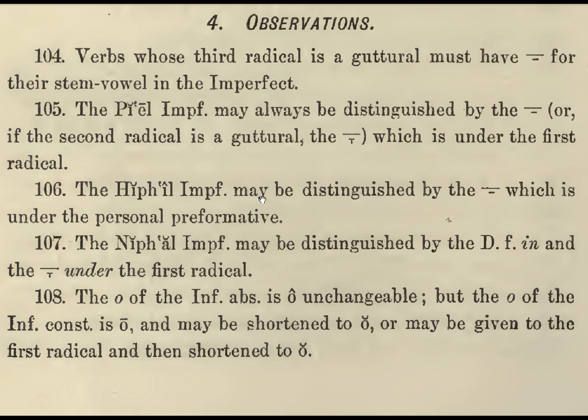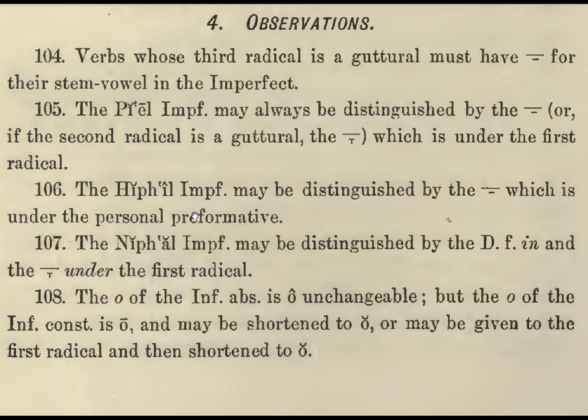Verbs whose third radical, that's the third letter of the root, is a guttural, must have the patach for their stem vowel in the imperfect. The pingel imperfect can always be distinguished by the patach, or if the second radical is a guttural, kamat, which is under the first radical.